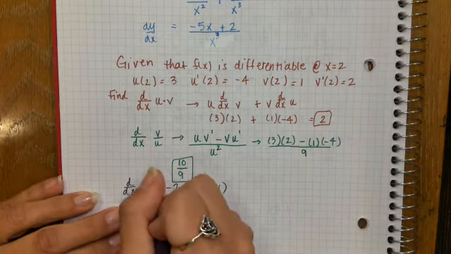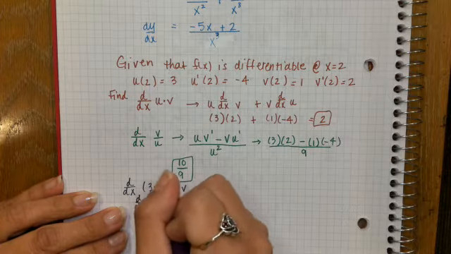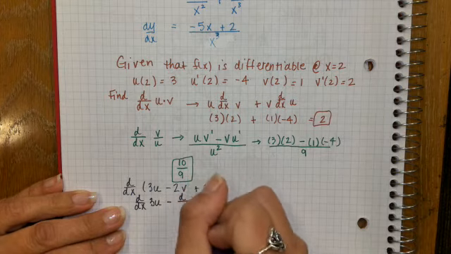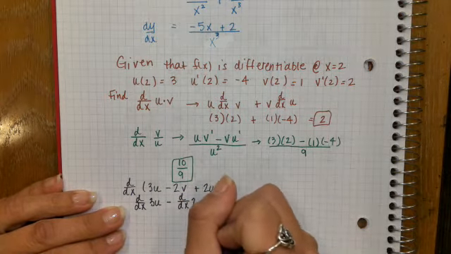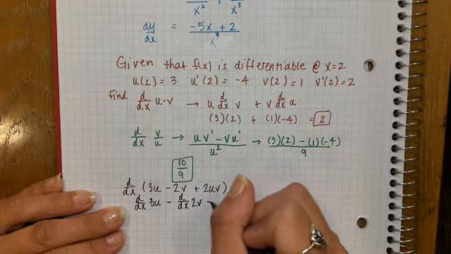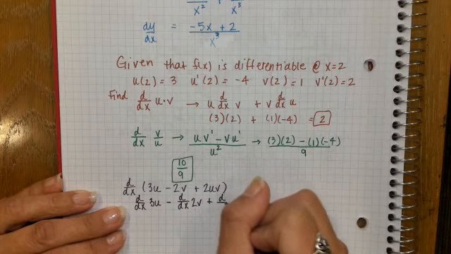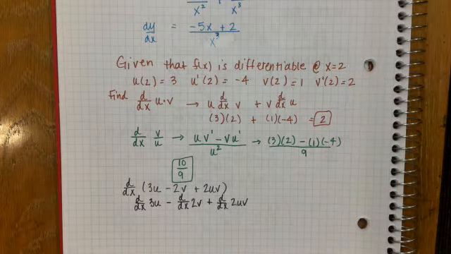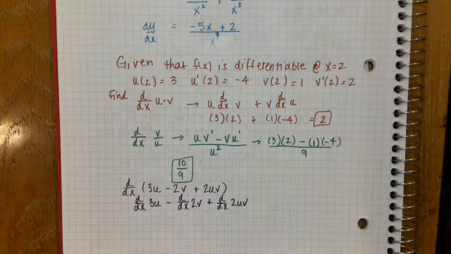So this is going to be the derivative with respect to x of 3u minus the derivative with respect to x of 2v plus the derivative with respect to x of 2uv. That first example, it was like, who cares? We didn't need to separate it, but in an example like this one, you definitely do.